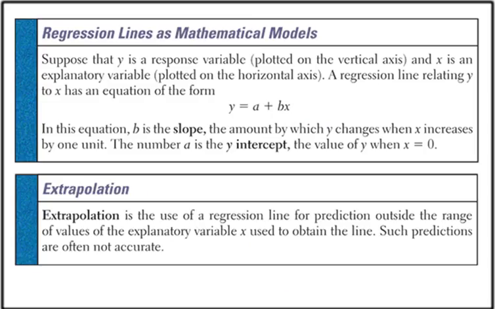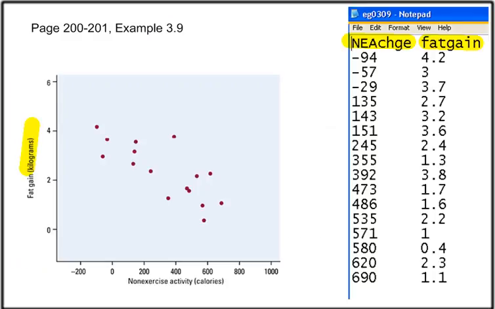So just to tie it up, this regression line that we just made is a mathematical model. It's an equation just like you had for Algebra 1 and Algebra 2, similar to y equals mx plus b. What you want to be able to do here in AP Stats is interpret what the y-intercept and the slope mean. The slope in this case is the change in y over the change in x.